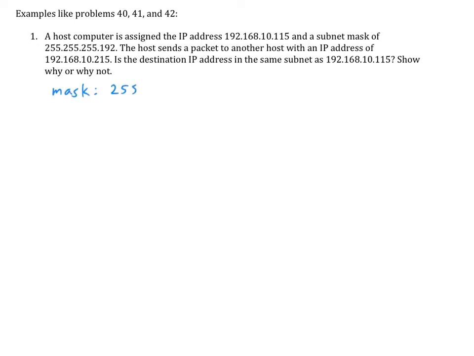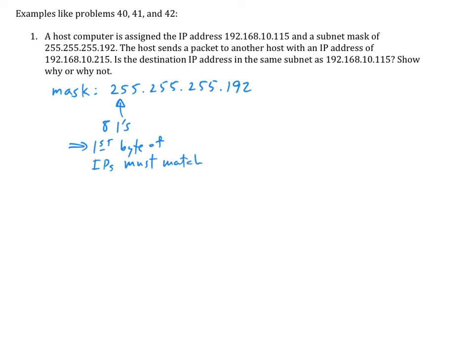of 255.255.255.192. So we have 8 ones, and that implies the first byte, or the first octet, of the IPs must match to be in the same subnet.